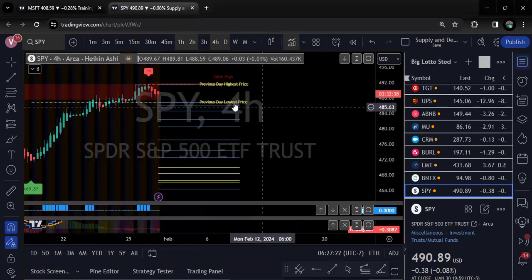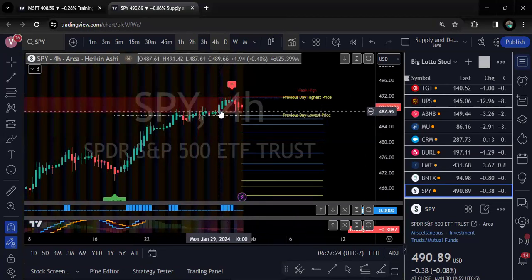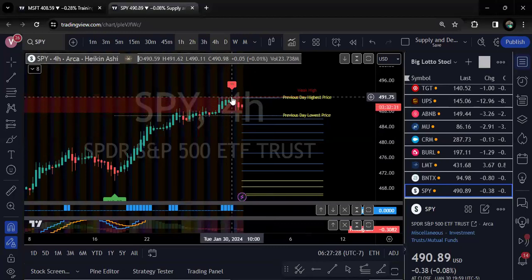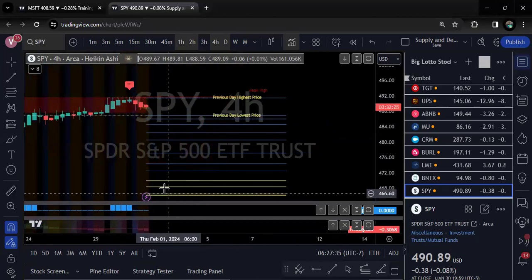Assume reversal, just get puts. It tried here, tried here, tried here, tried here. These are 4 hour candles. It failed to break this level. Just get puts because every time a stock hits a new high or a 52-week high, assume reversal.